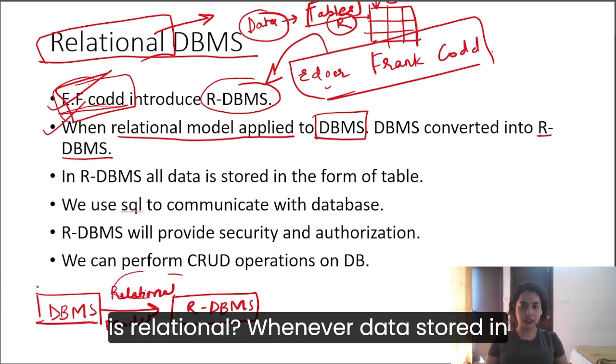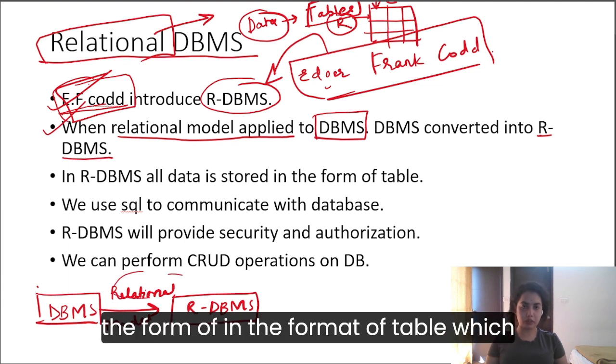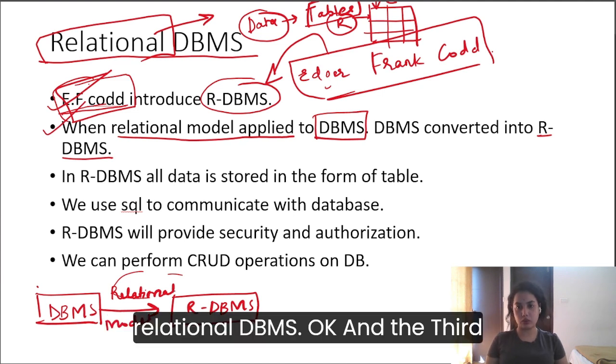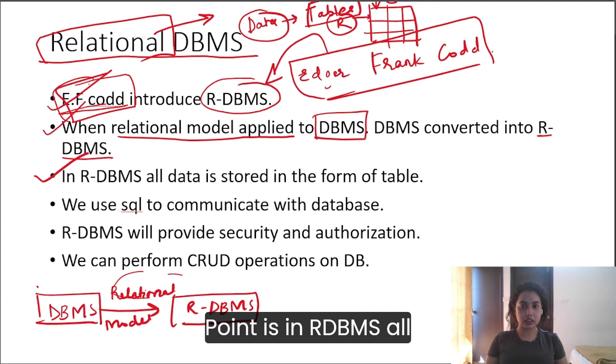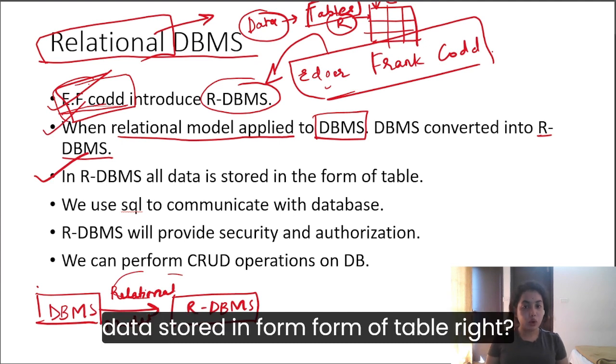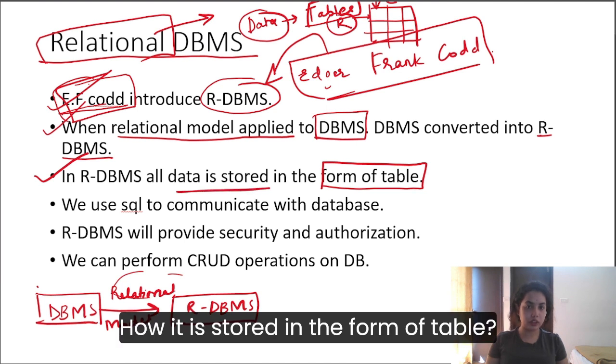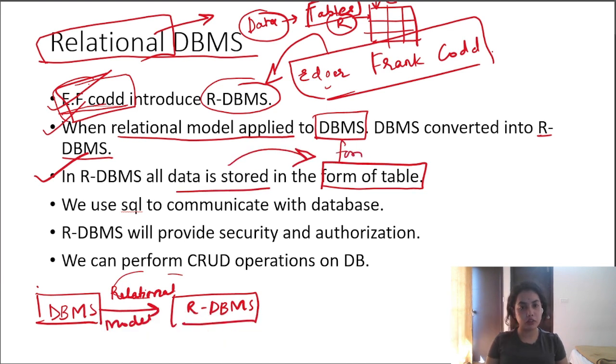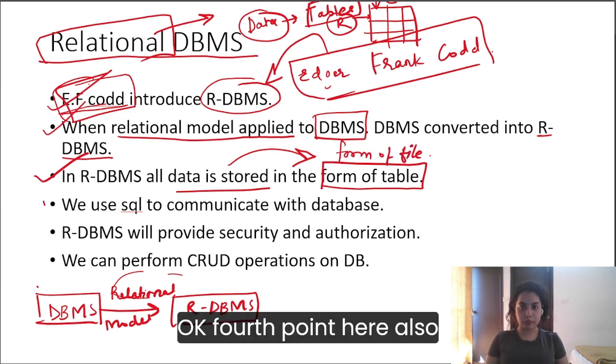And what is relational? Whenever data is stored in the format of tables, which is rows and columns, we term it a relational DBMS. The third point is that in RDBMS, all data is stored in the form of tables, and in DBMS, data is stored in the form of files. Remember?